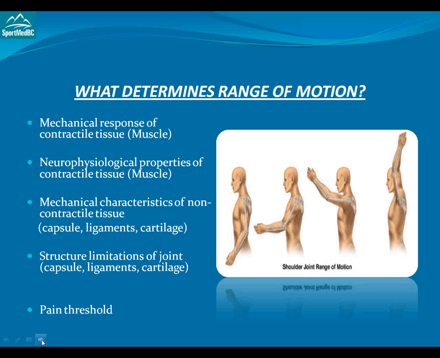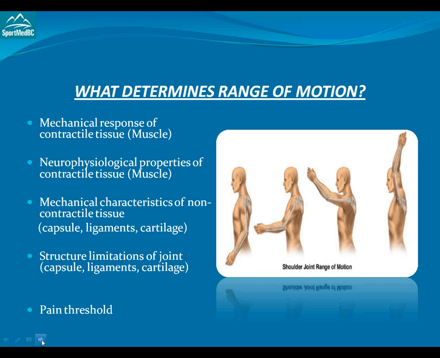We're also talking about neurophysiological properties of the contractile tissue, and I'm going to get into those in another slide ahead. We're also looking at the mechanical characteristics of what's called the non-contractile tissue. So these are the tissues, the connective tissues in our body that don't have the capacity to contract and expand in an elastic way like muscles do.